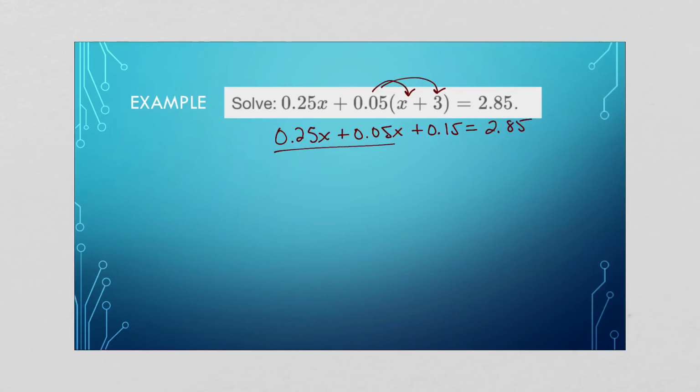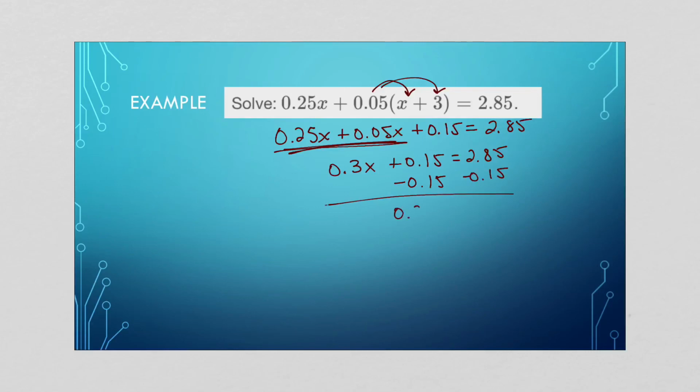Now I want to combine my like terms, which are there and there. And I'm going to subtract this from both sides. And divide both sides by 0.3.